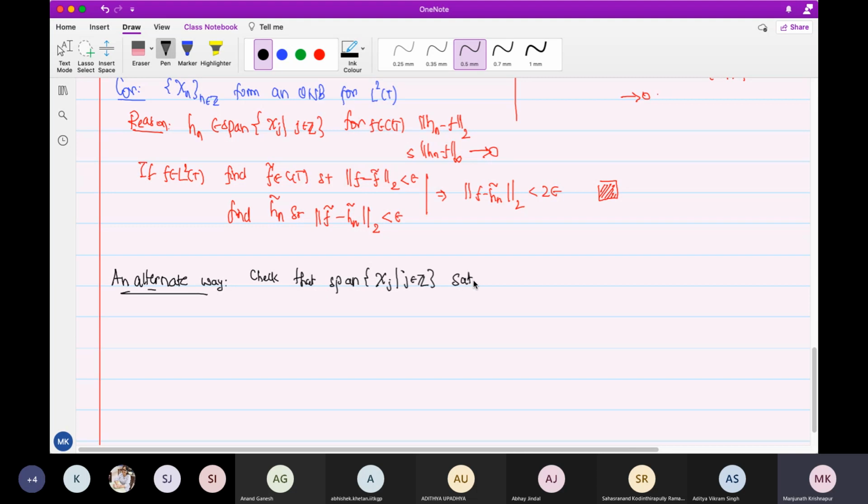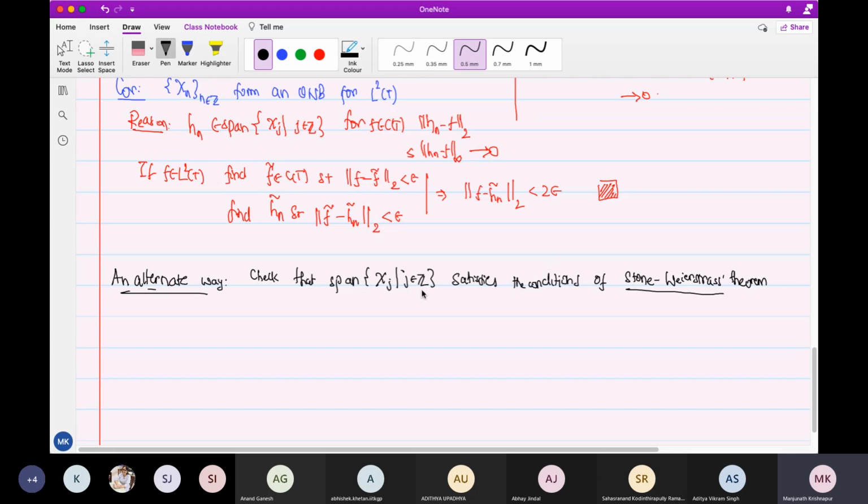So it satisfies the conditions of the Stone-Weierstrass theorem. Okay, so if you don't know what the Stone-Weierstrass theorem is, ignore this comment. But if you know the Stone-Weierstrass theorem, you can immediately check that.